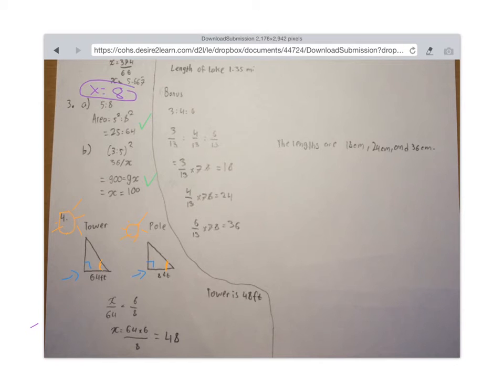Now we can say therefore x over 64 equals 6 over 8, and so on. So you have to be really careful about reading how many marks the question is worth, and making sure that the amount of work that you're showing matches up with that. If not, go back and double check and make sure that you haven't missed something.